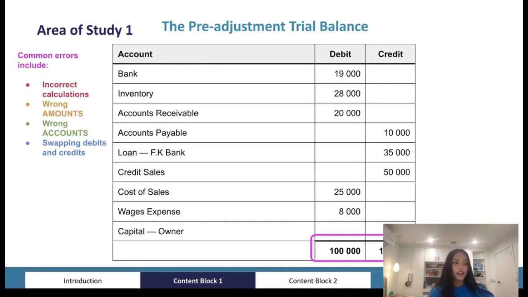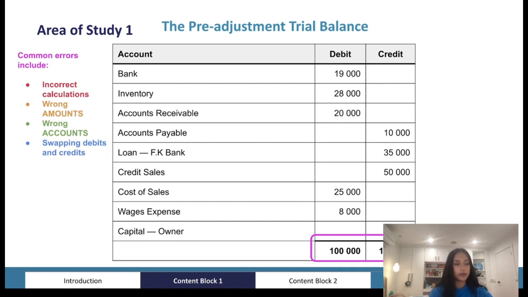Common errors made in double entry accounting include incorrect calculations, for example, calculating GST wrong. The amounts could also be copied incorrectly from the source document, for example, if the source document says $1,000 but you accidentally write $10,000.